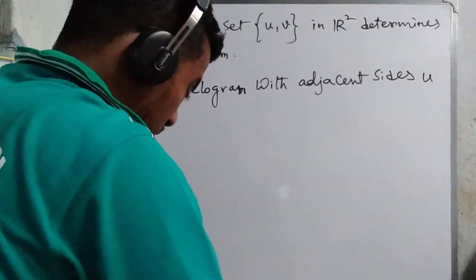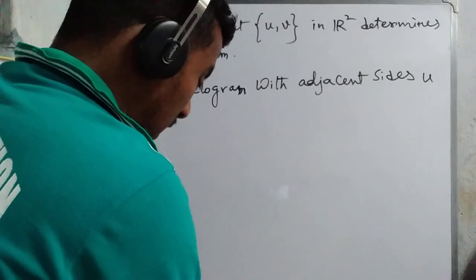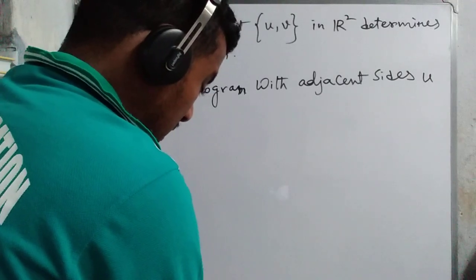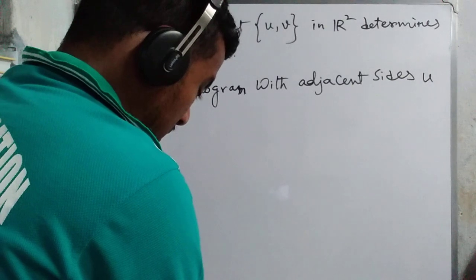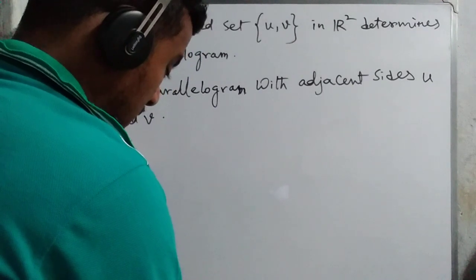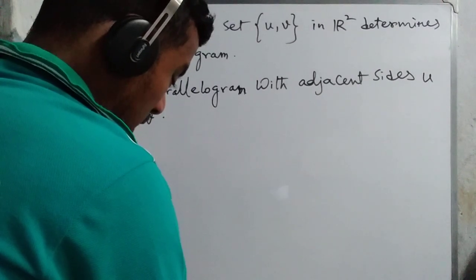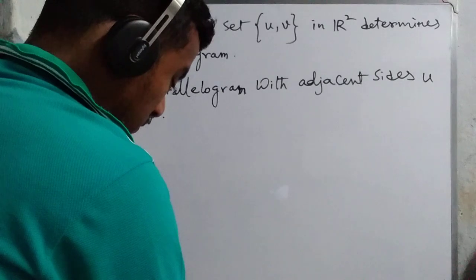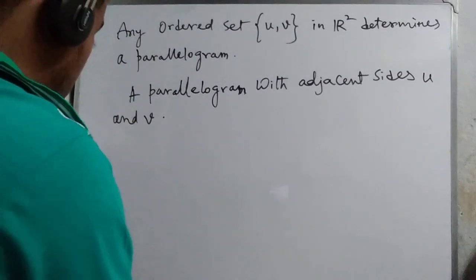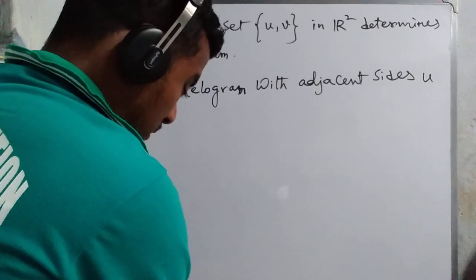Then we also talk about the case where u and v are parallel. Then the set is linearly dependent.